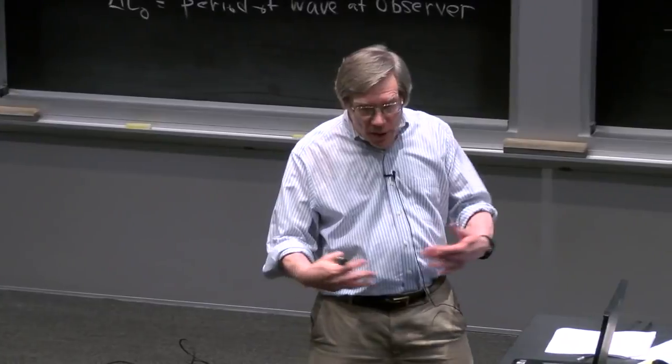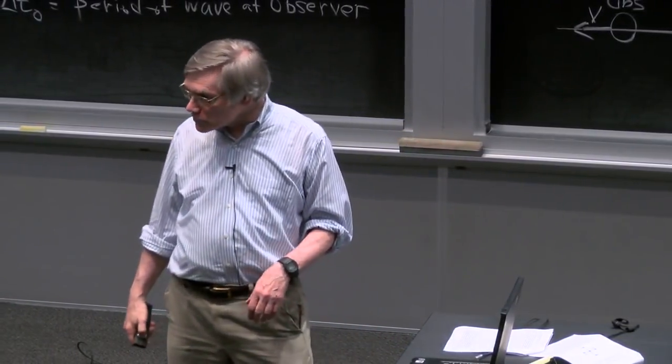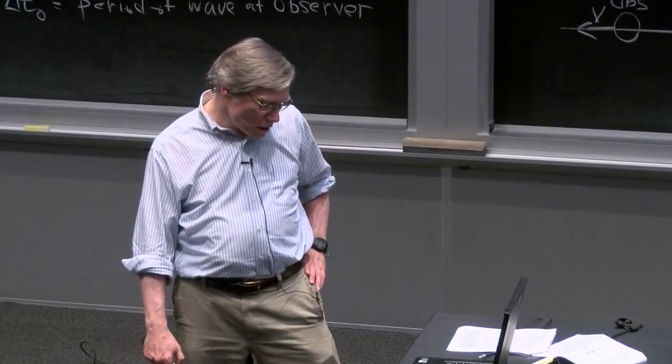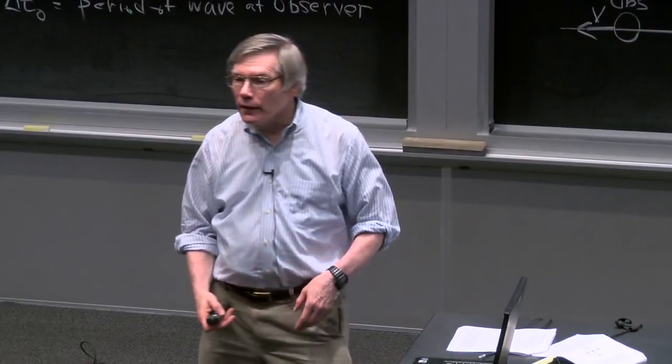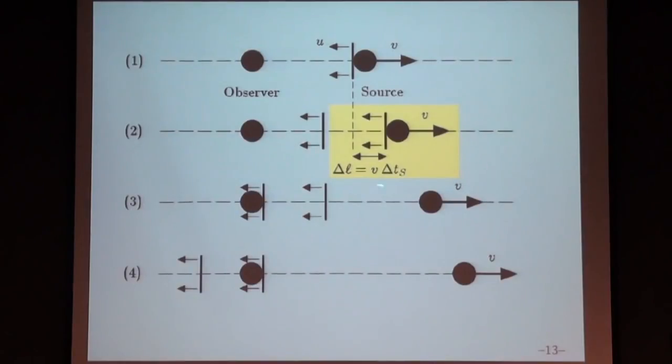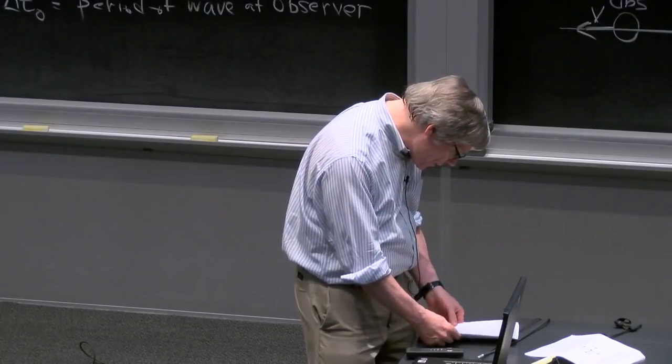But the observer's clock is at rest in our frame. So there's no time dilation associated with the observer's clock, only a time dilation associated with the clock on the source. So again, the important issue is all inside that yellow box. And what we want to do now is look at the equations and see how the equations are modified.